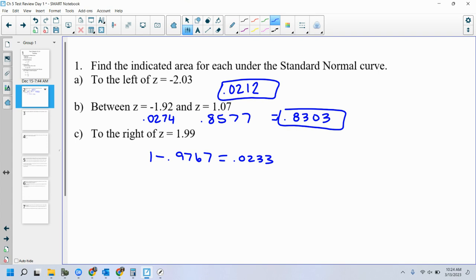Coincidentally enough, or maybe not so coincidentally, let me ask this question. What z-score gives me 0.0233?